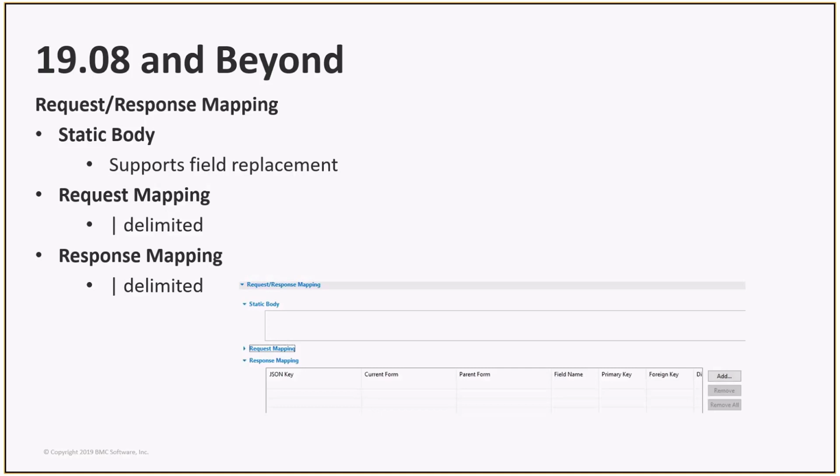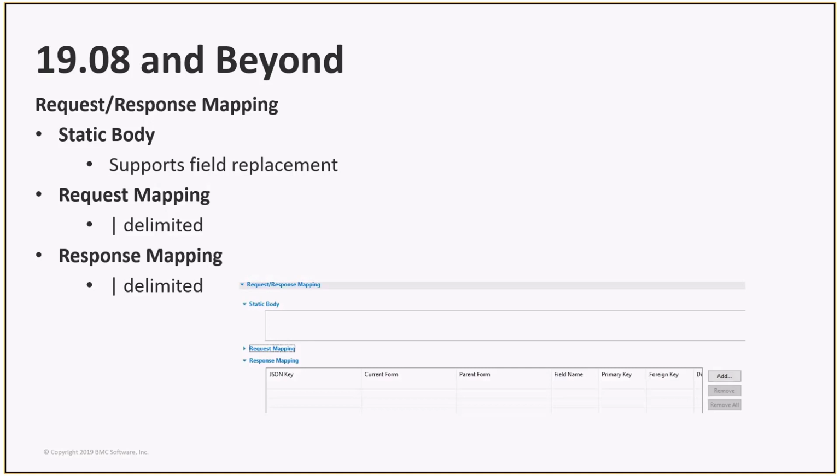Now, here I mentioned that it's pipe delimited. So if you're needing to provide open curly bracket, users, open curly bracket, username, that would be users pipe username as the field or the JSON key.